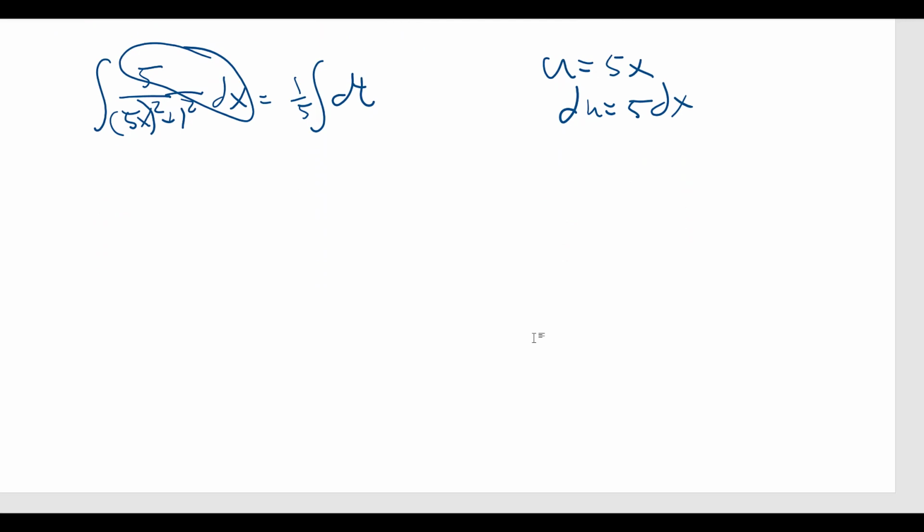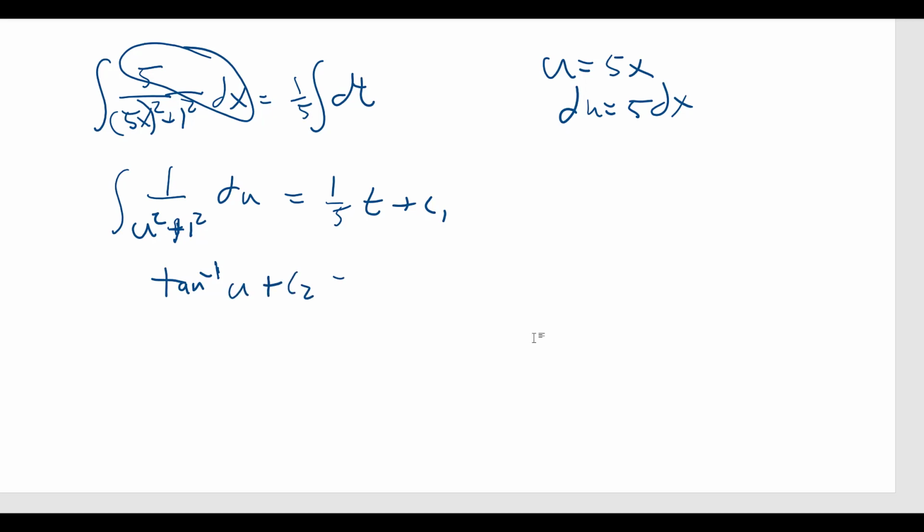So the integral of 1 over (u squared plus 1) du equals 1/5 t plus, I'm going to call it c1. On the left, this becomes arctangent of u plus some c2 equals 1/5 t plus c1. Then I will subtract c2 from each side. These are just constants, and eventually we'll have just one constant, and we'll find out what that is when we apply the initial conditions.